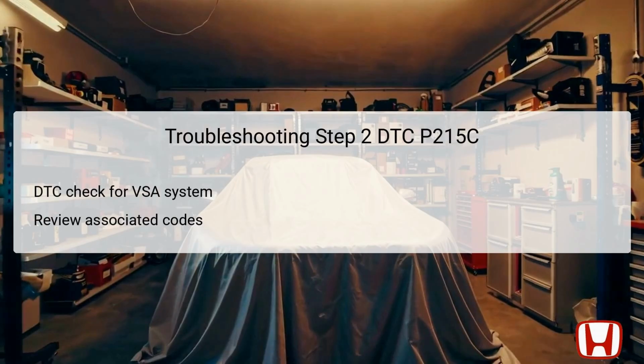Identifying these codes helps determine if the issue with DTC P215C is linked to a malfunction in the VSA system. If these codes are present, the next logical step is to conduct the recommended troubleshooting for the indicated DTCs to ensure all systems are functioning as they should.